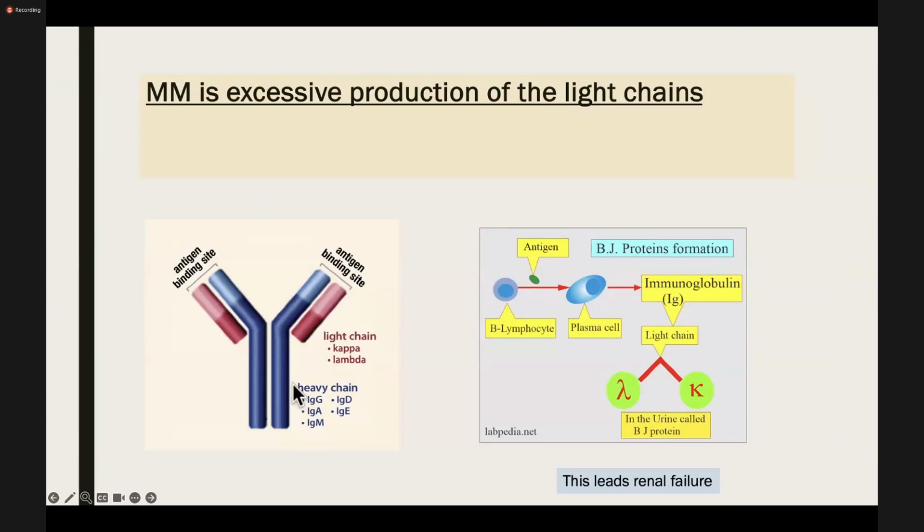Your immunoglobulin has the heavy chain and the light chain. This is your light chain here. What happens is that you have excessive production of light chains, and those light chains will end up in the kidney, and that will cause renal failure. That's the reason why most people with multiple myeloma develop renal failure, because of too much production of light chains. And when those light chains get into the kidney and into the urine, they are called Bence-Jones proteins.